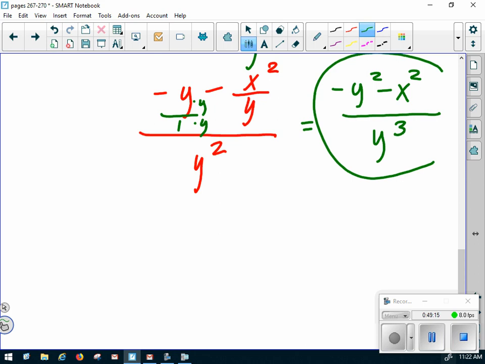Now there's something I want you to pay attention to. If you look back in Sparks's notes on this problem, this is not the answer he has. I'm going to show you what answer he has. Are you okay that you can split that up into two fractions? Yeah, I can split that up into two fractions.